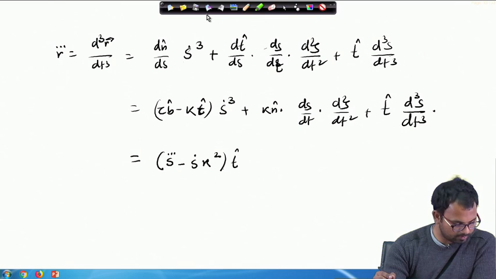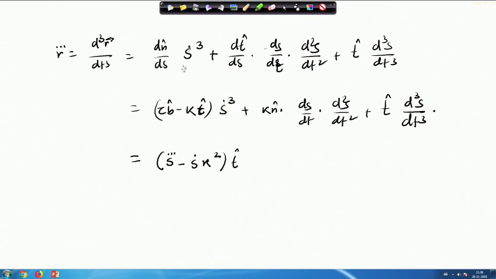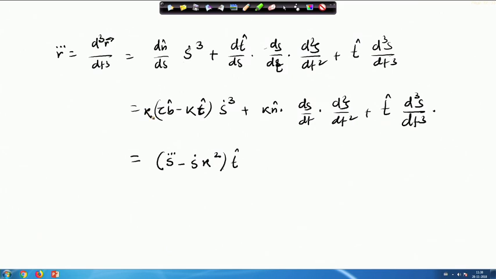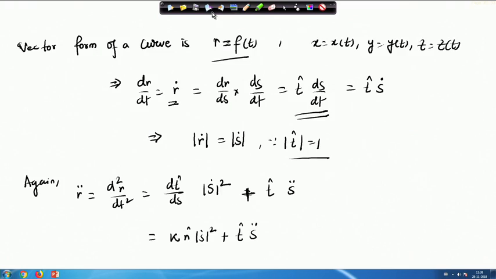So if I match the formula, here there is a kappa already, so minus of kappa, and then this is fine, plus now we have 3, so 2 will come at the front, and then s dot.